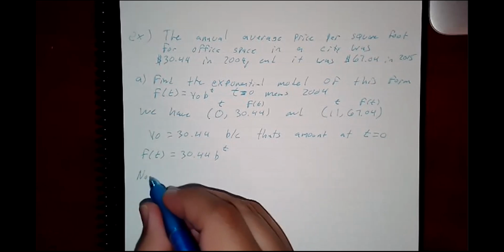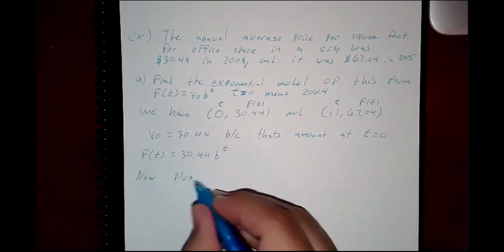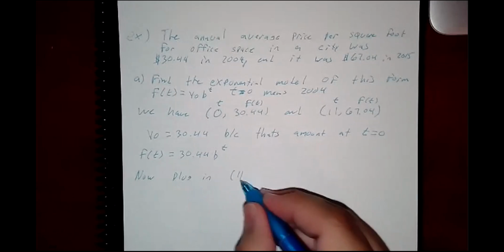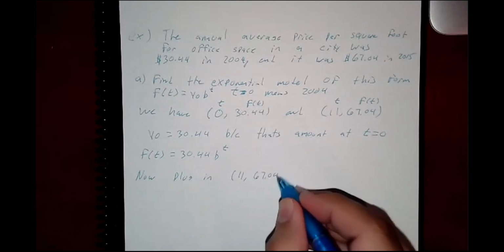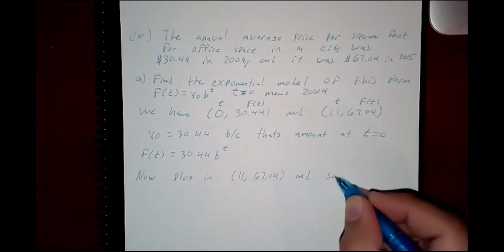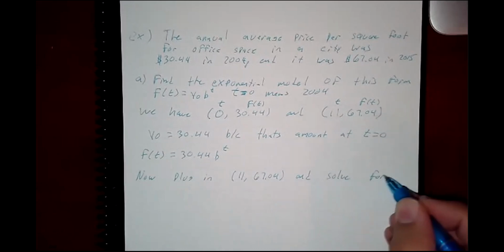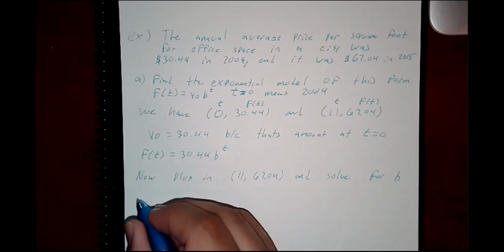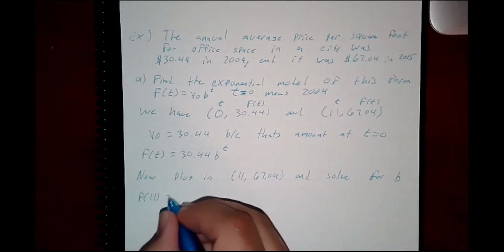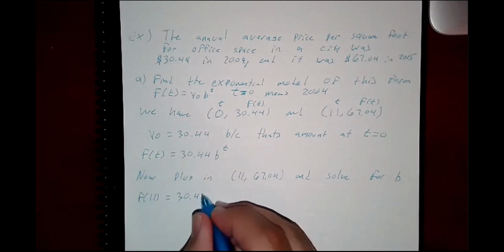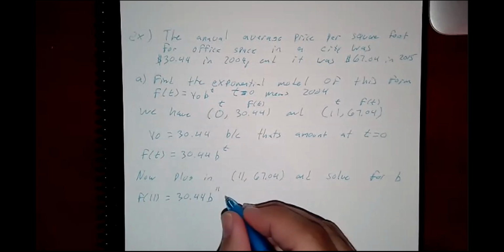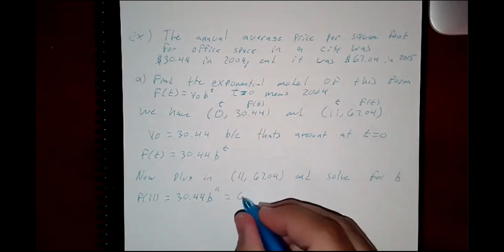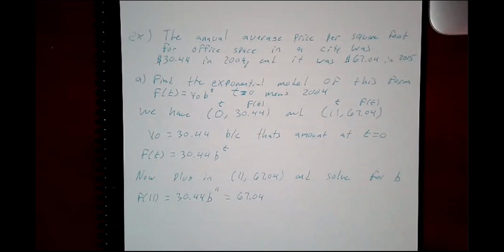Okay. So now plug in 11, 67.04 and solve for b. So f of 11 is equal to 30.44 b to the 11, which is equal to 67.04, right?